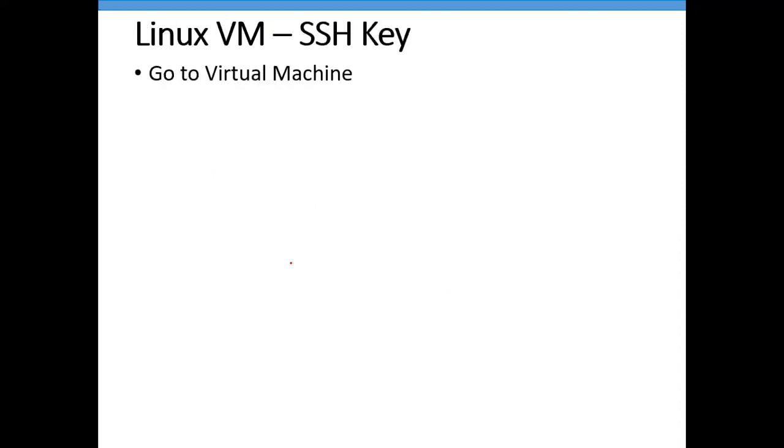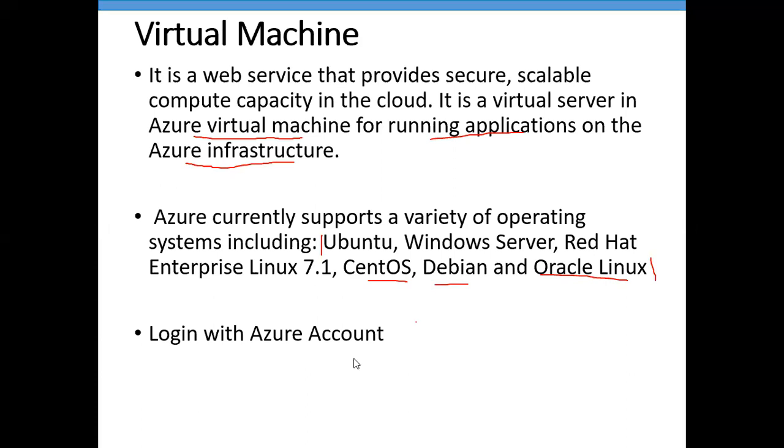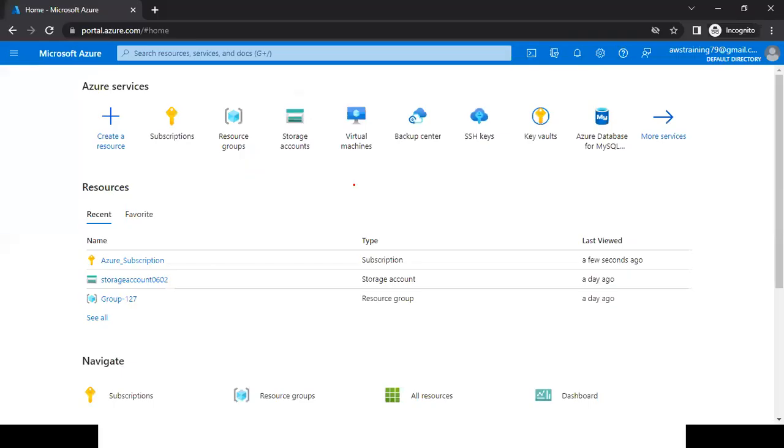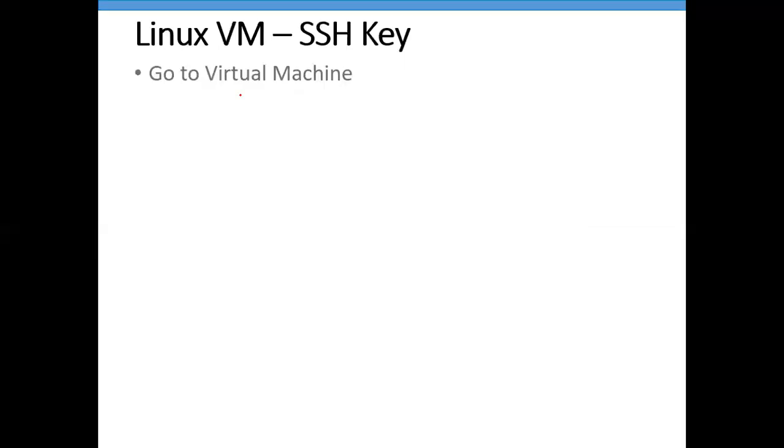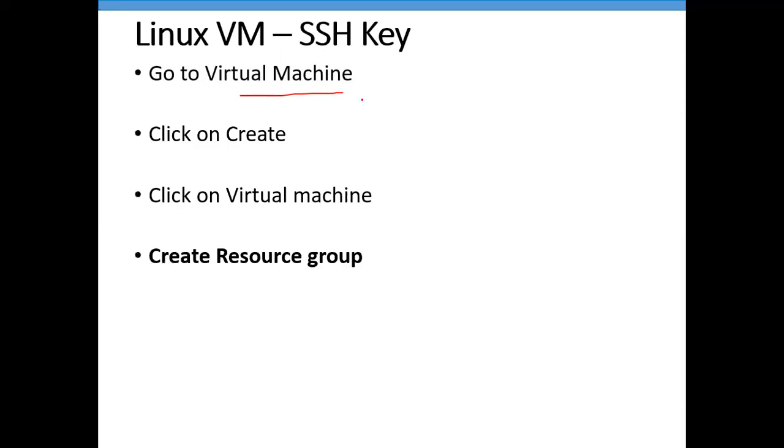First of all, we need to log into our Azure account. I have already done that here. Now, we need to create a virtual machine. But to create a virtual machine, we need to create one more thing first: a resource group.